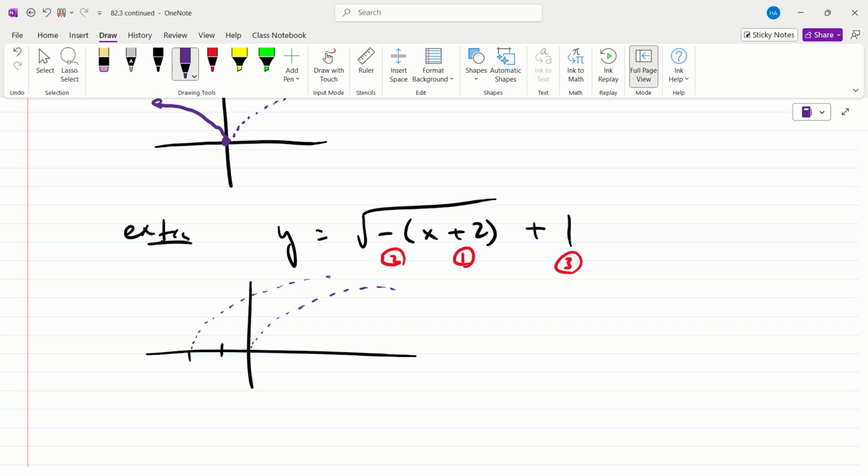What would that negative do? If you were to fold your paper along this line, where would the points fall? So these points here would fall over here, and these points here would fall over there.